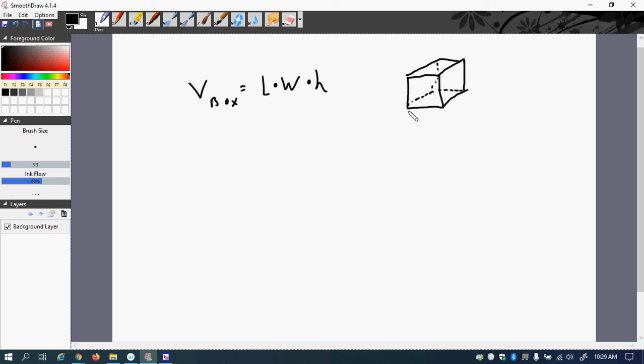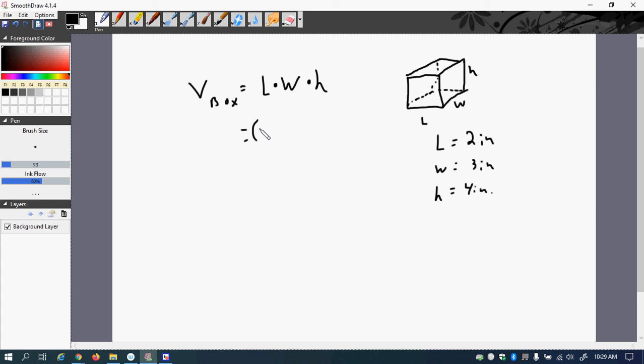We would say that this distance here is the length, and then we'll call this the width, and up and down is the height. By knowing all of these, we can calculate the volume. If the length is 2 inches, the width is 3 inches, and the height is 4 inches, then we could put that in.